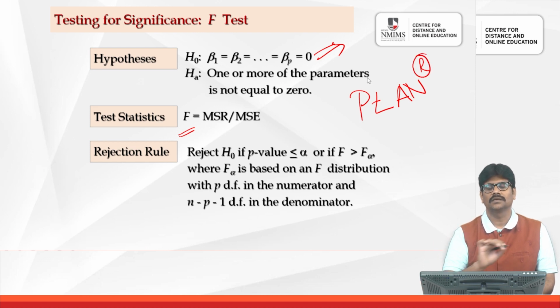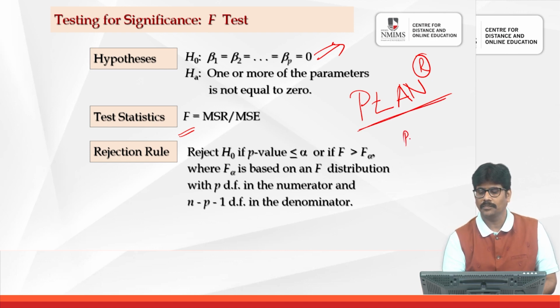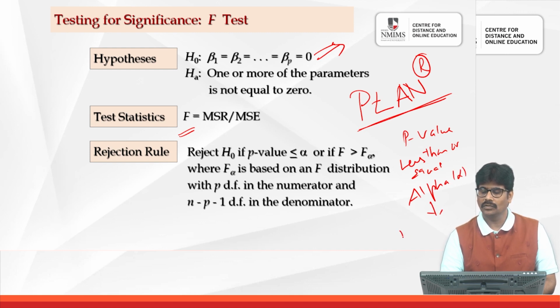Remember this, for your entire hypothesis testing, this is the decision criterion you need to use: if the p value is less than or equal to the alpha value, then you reject the null hypothesis.